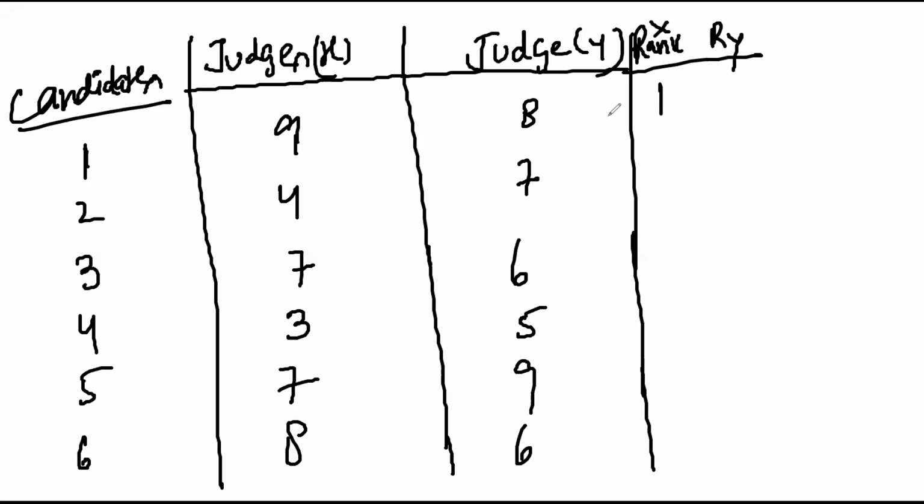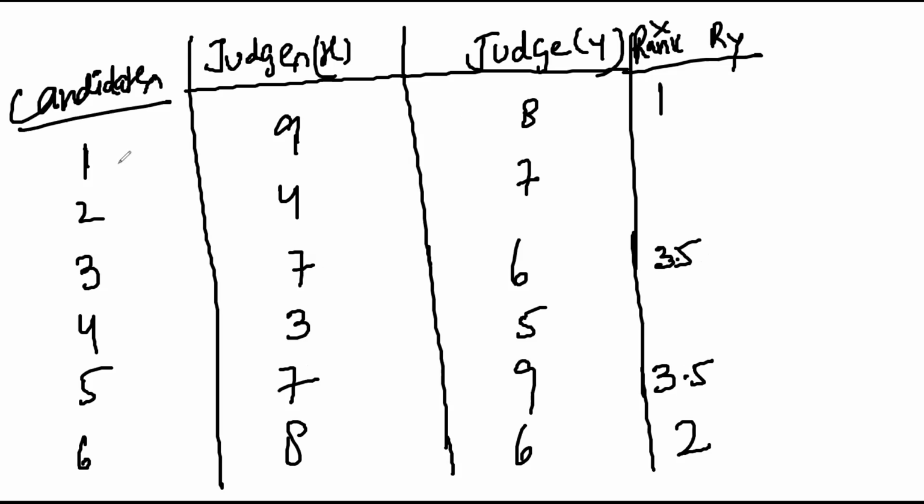So for the 9 I gave 1, then for the 8 I give 2, then 7, and 7 is for 2 candidates. So you have to give 3.5 for this one and 3.5 for this one, because at the third place there are 2 persons.